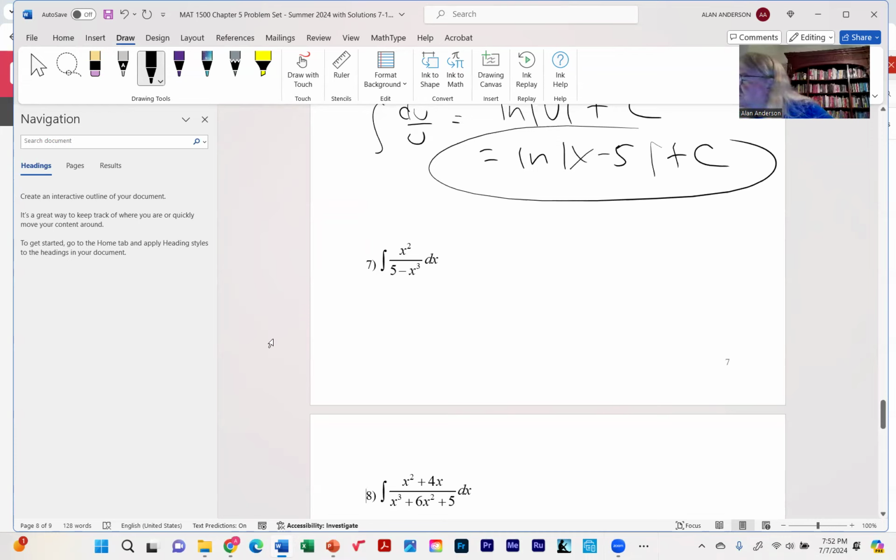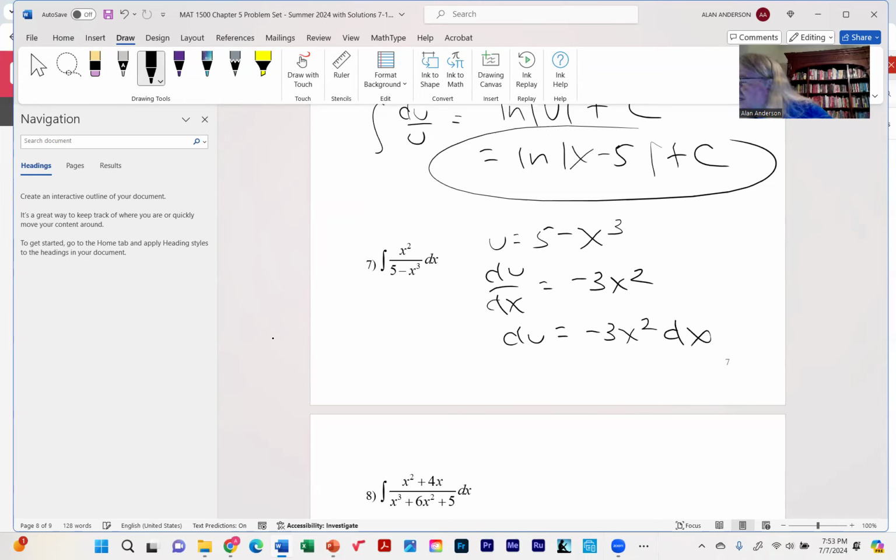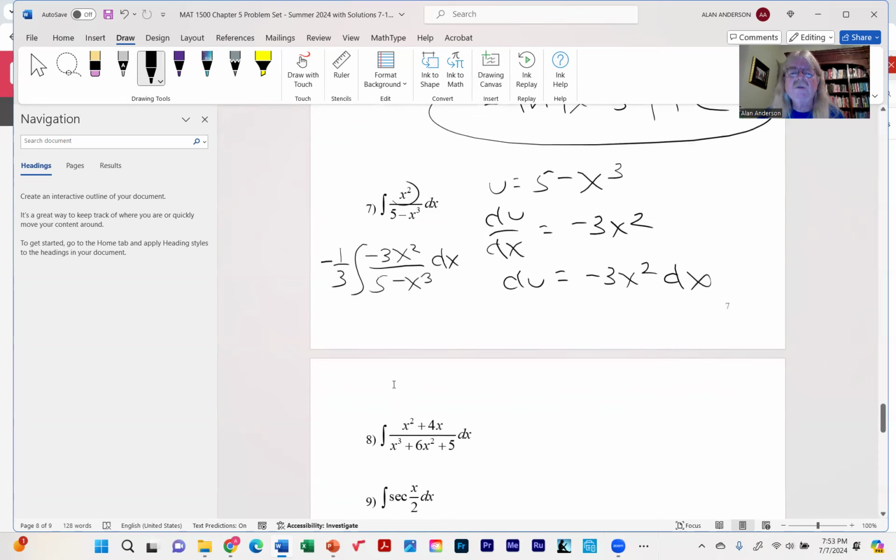Because if you look at this, let's try u equals 5 minus x cubed. du dx is minus 3x squared. We don't have that. We have x squared. So we can rewrite this as, nothing's changed by multiplying by negative a third and multiplying by negative 3. I certainly end up with the same result.